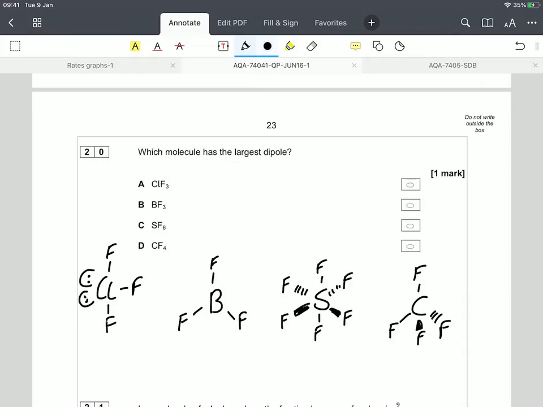So the only thing really that's got possibly polar bonds and a big region of electron density is this thing, which means that the answer is A. Everything else is going to have possibly polar bonds, but whenever you've got that element of symmetry, the dipoles cancel, so all 3 of these things are going to have no net dipole, no overall molecular dipole moment, so it has to be ClF3.